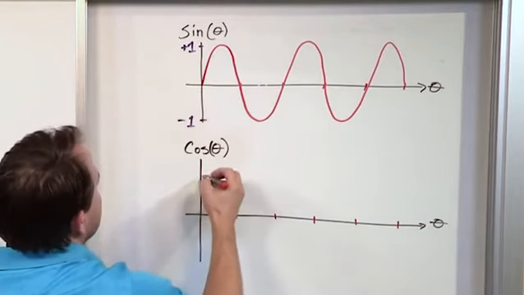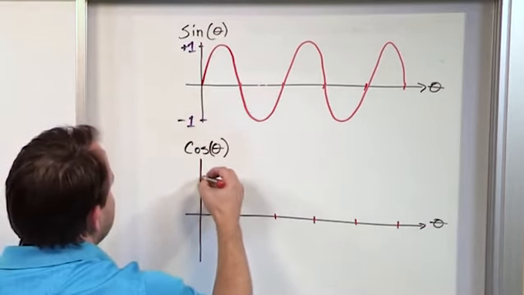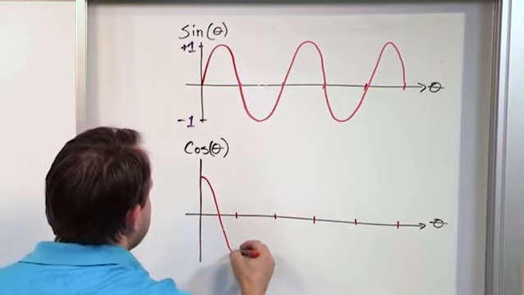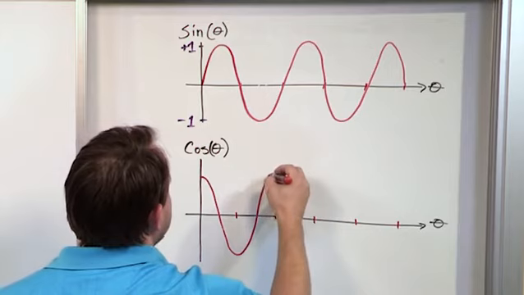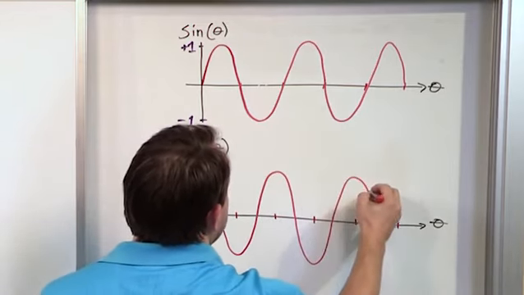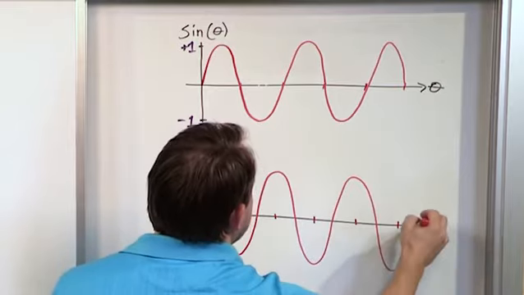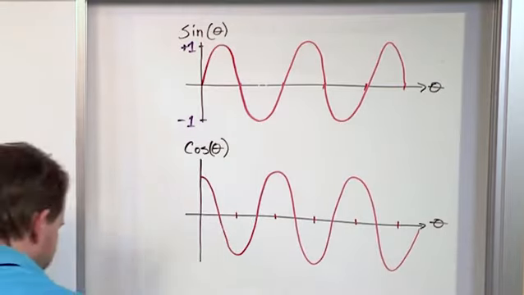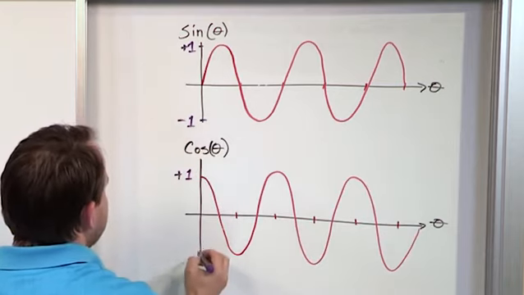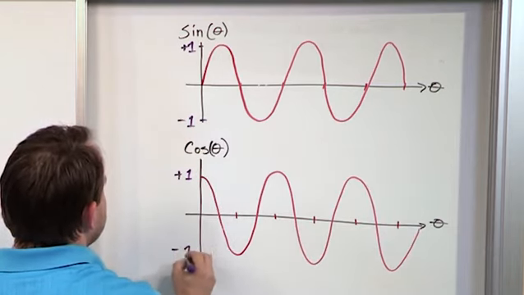Cosines start right here. So cosine would come down here like this, and then it would be up like that, reach a peak like that. Something like that. When you look at this, the maximum that the cosine gets to is +1, and the minimum that it gets to over here is -1.